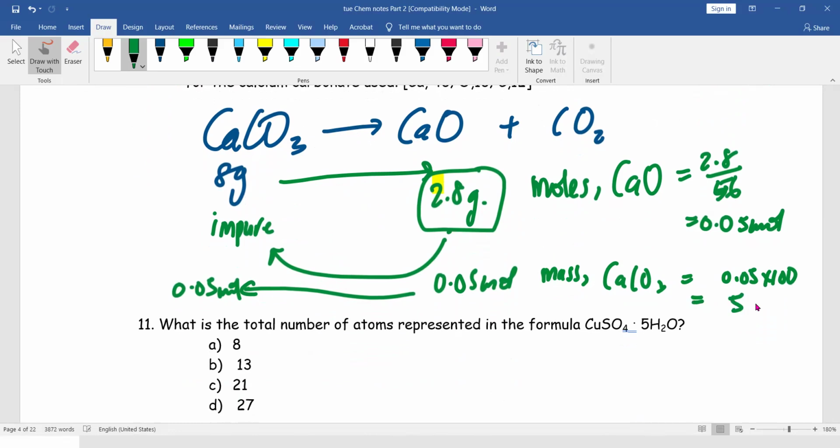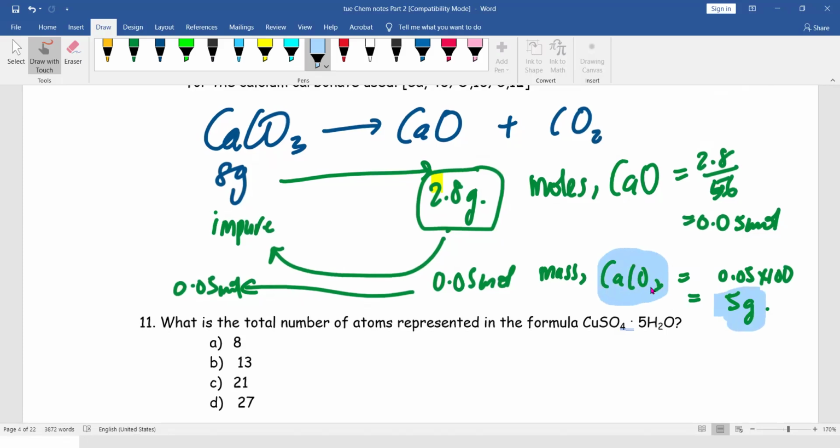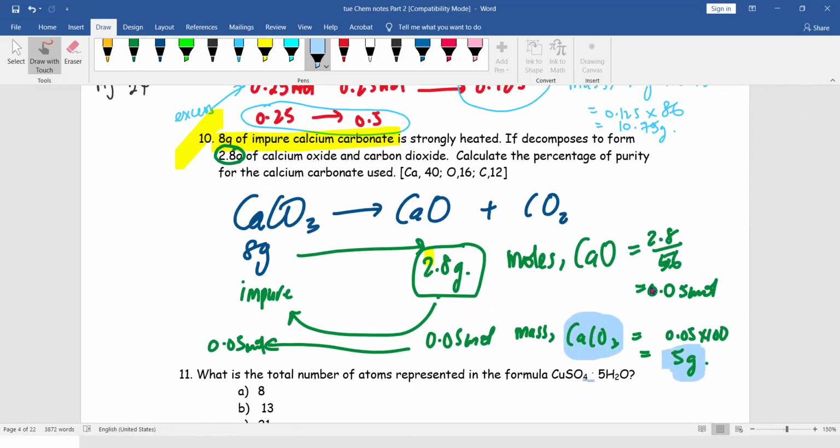So how much is this? 5 grams. So in actuality, there is only 5 grams of calcium carbonate. 5 grams of calcium carbonate is pure. How much was the impure sample? 8 grams. Get it? So the percentage purity, 5 grams out of 8 grams, 62.5%.